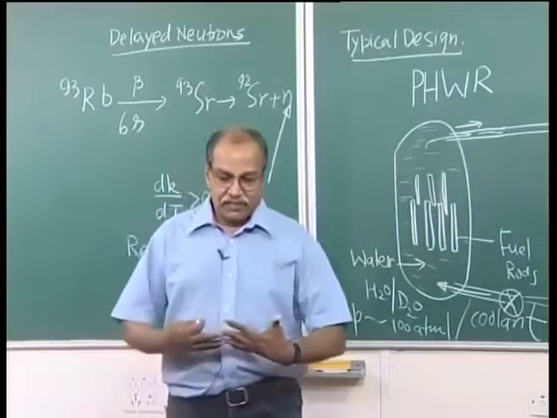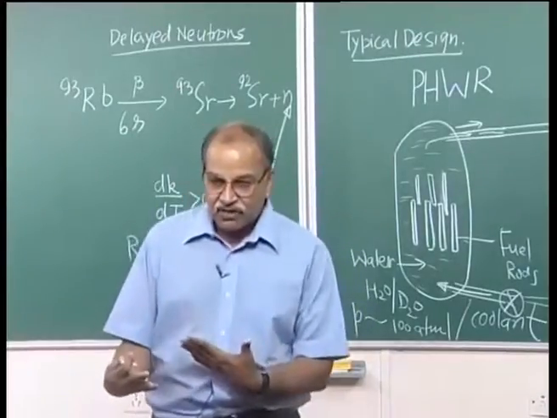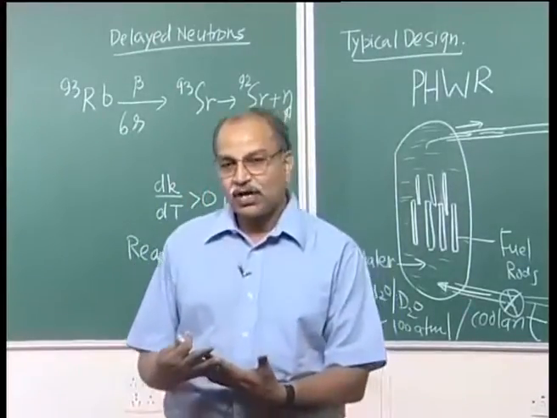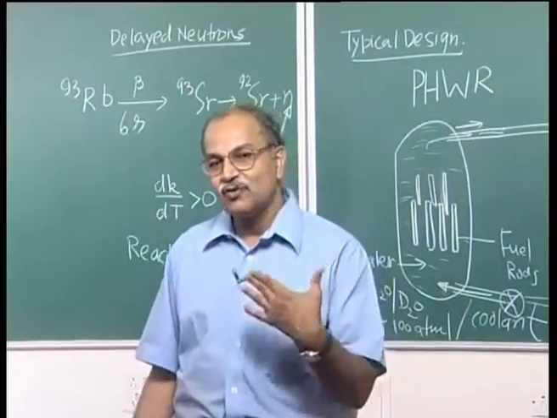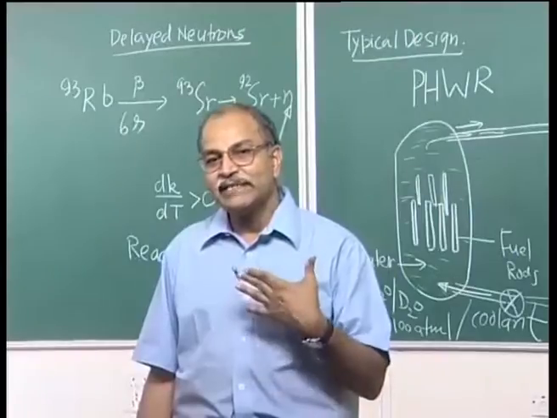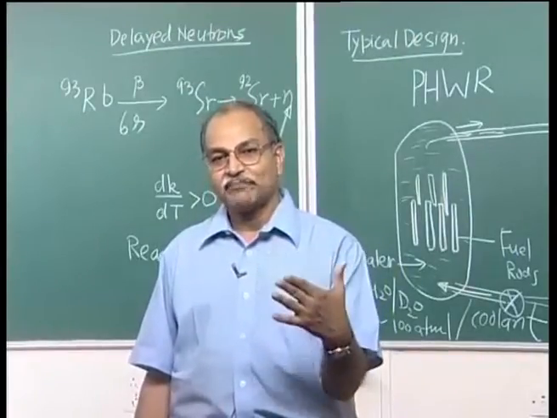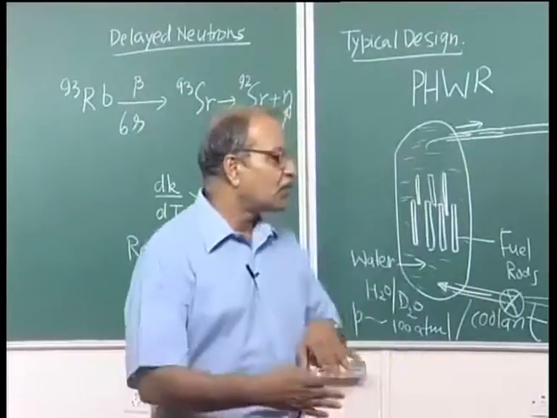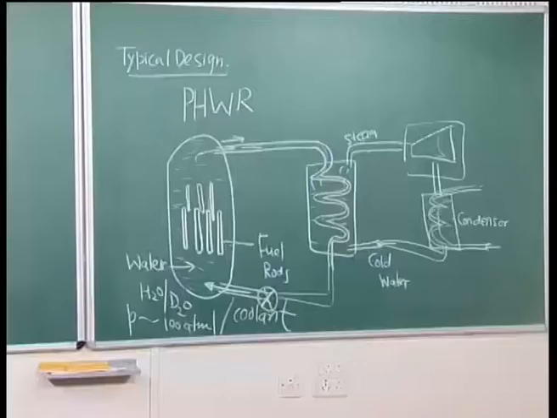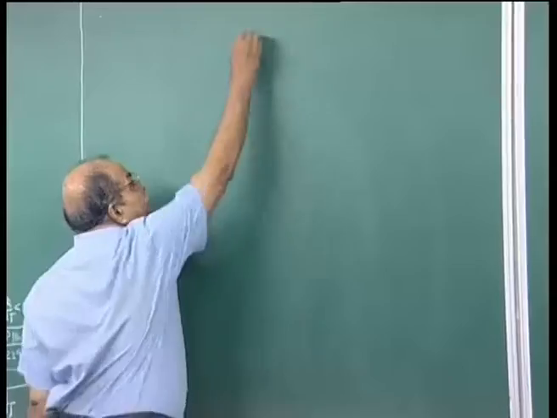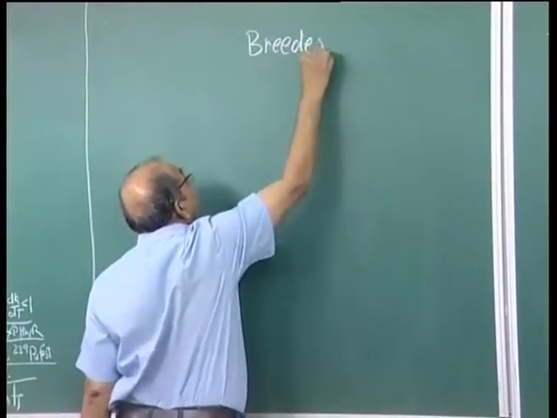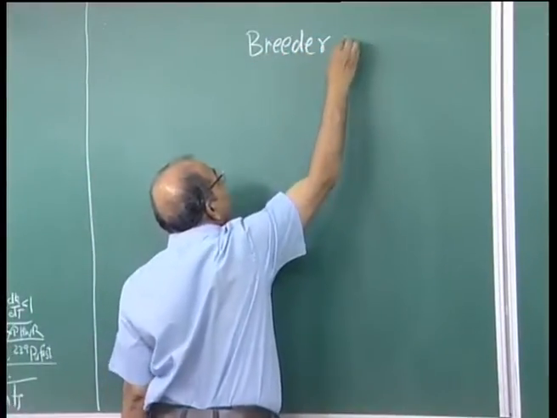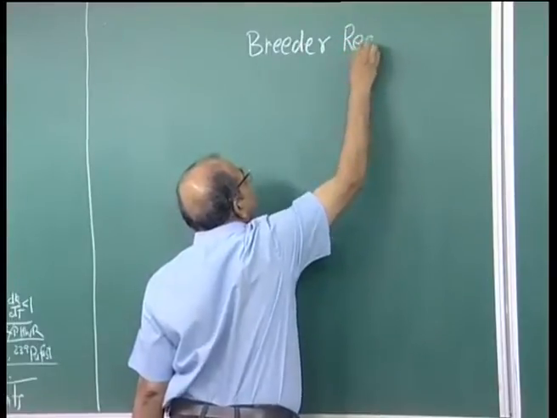Now, another type of reactors are called breeder reactors. In fact, the Indian nuclear program is called the 3-stage nuclear program. So, let us first talk about what a breeder reactor is. Now, a breeder reactor is where you breed the nuclear fuel.